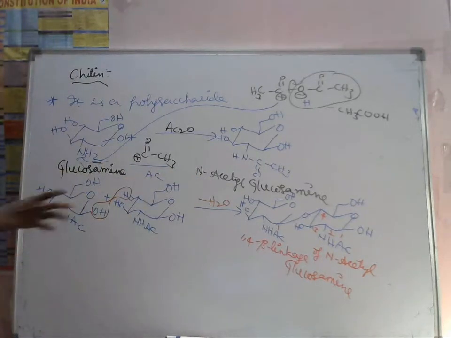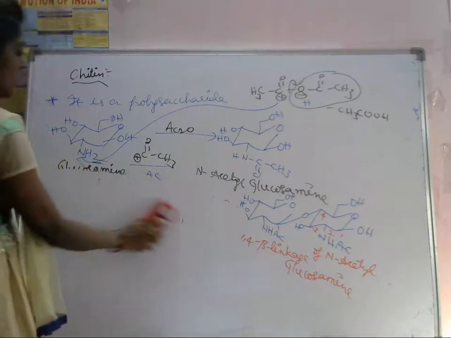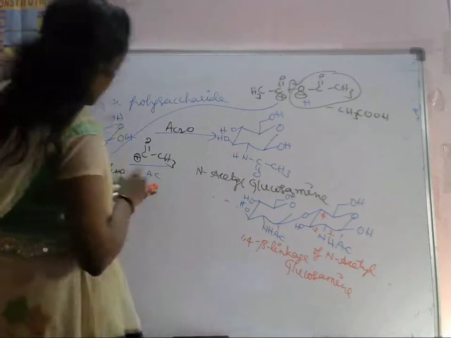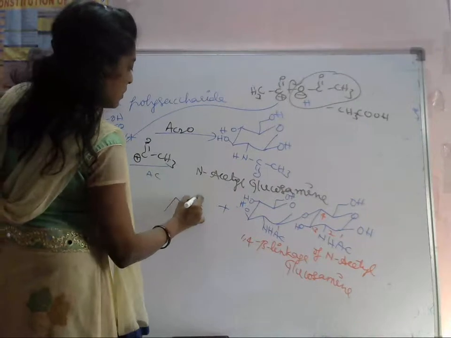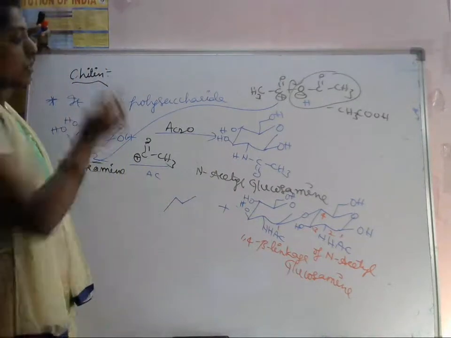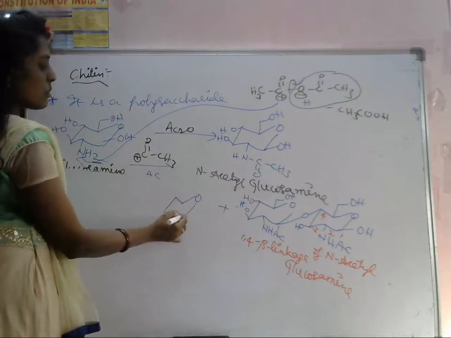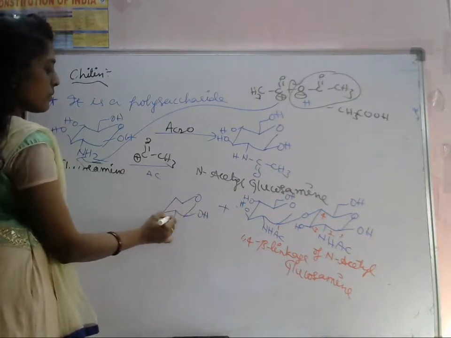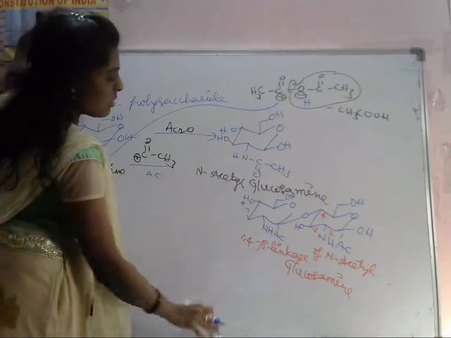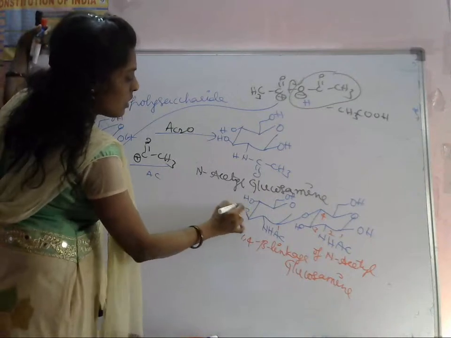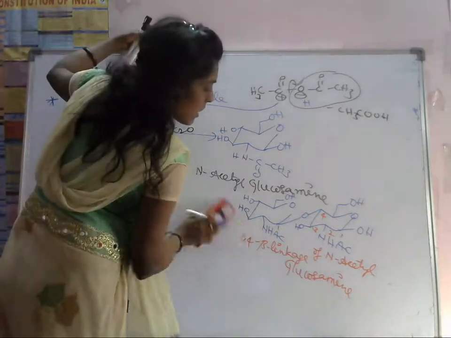Okay. So next, what do we have to do? We have to add one more unit of this one. Otherwise you can write, so this is the OH. This one is next. So this is the disaccharide unit.